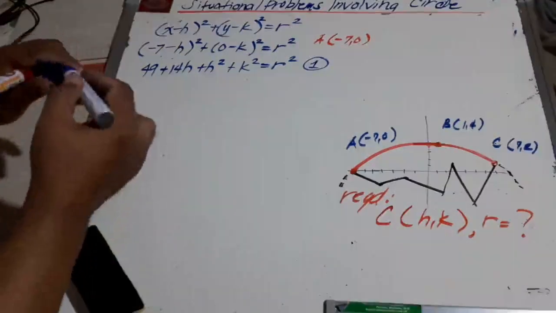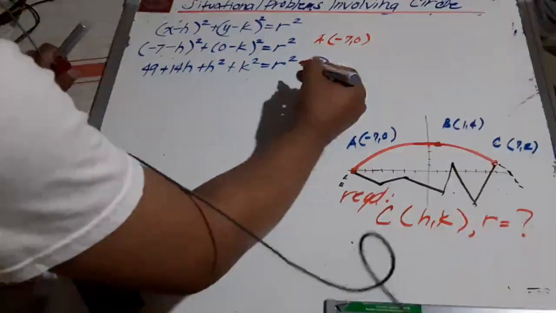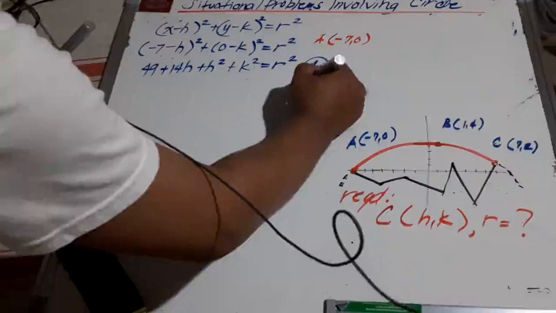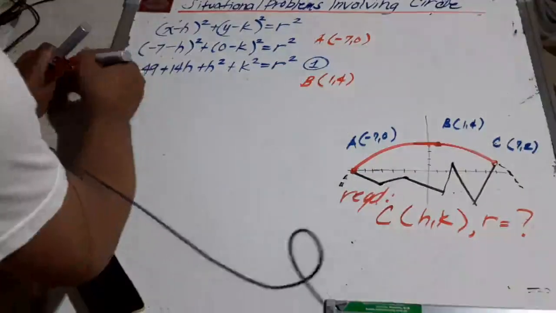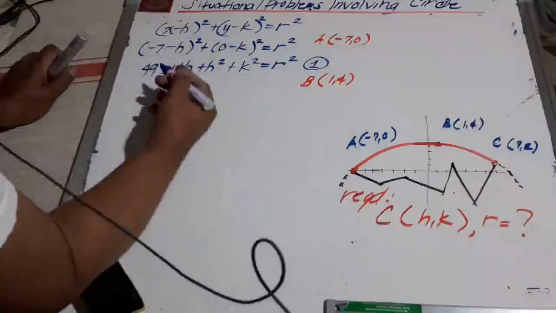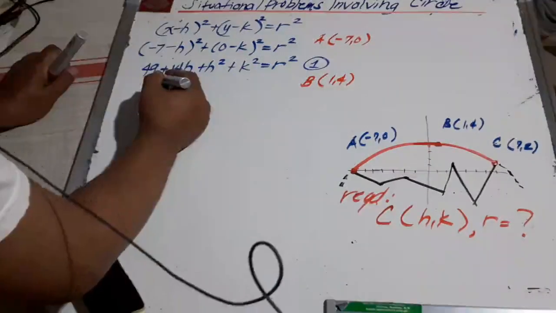Next is, apply naman natin si point B. Coordinates niya 1, 4. So substitute natin doon sa ating standard form with center at h, k.